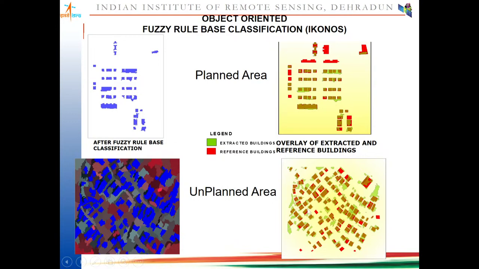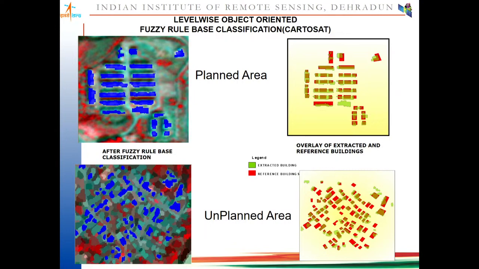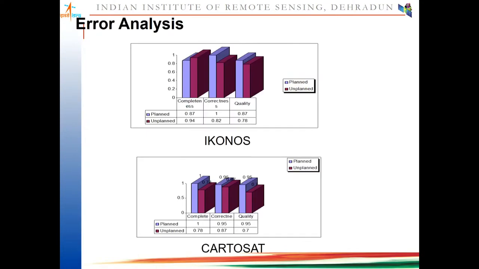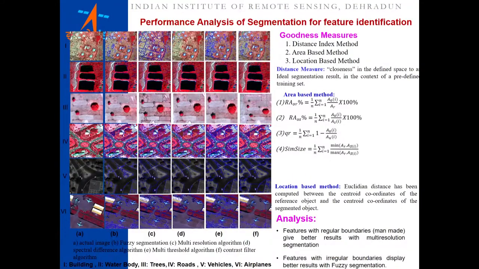In the unplanned area, the inaccuracies were more, and it was felt that possibly more multi criteria could be applied and the accuracy could then be improved. This is what the error analysis indicates.